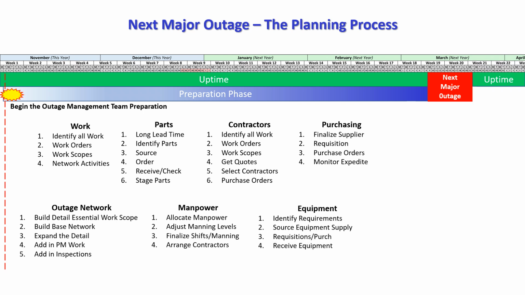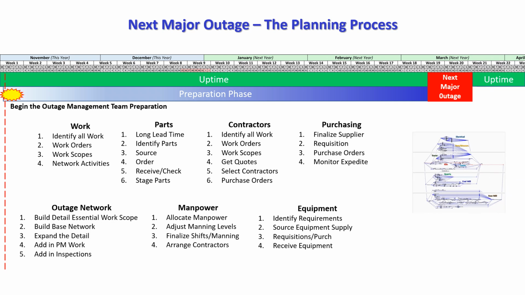Of course, we also need specialized equipment that we don't normally have on site. So we have to identify the requirements for this equipment, find a source of supply, generate the requisitions and purchase orders, and receive it on site before the outage starts.